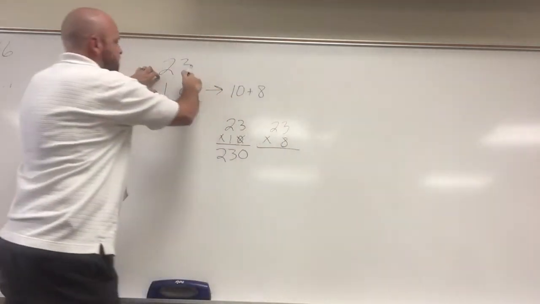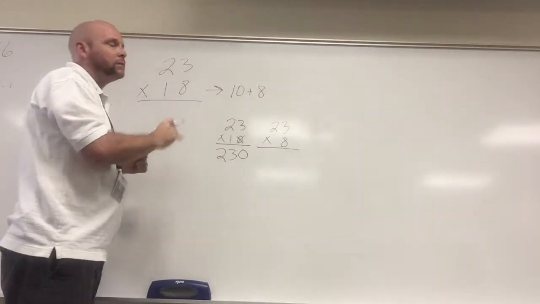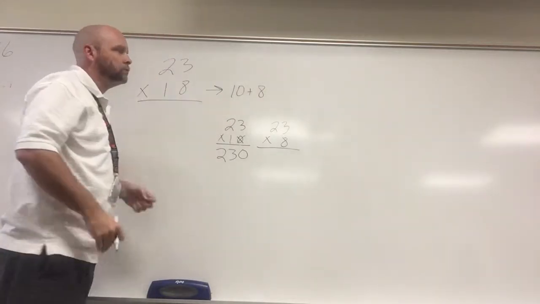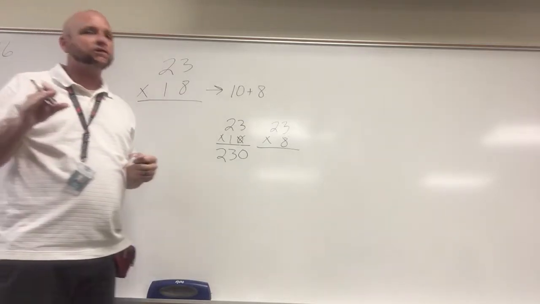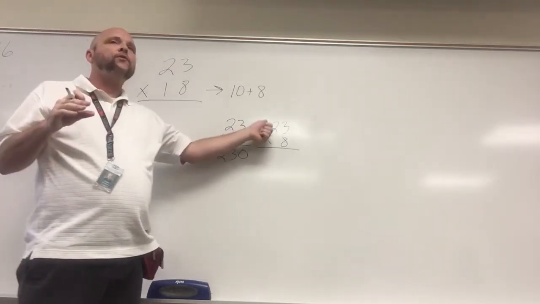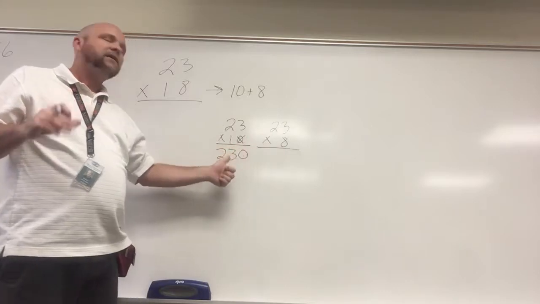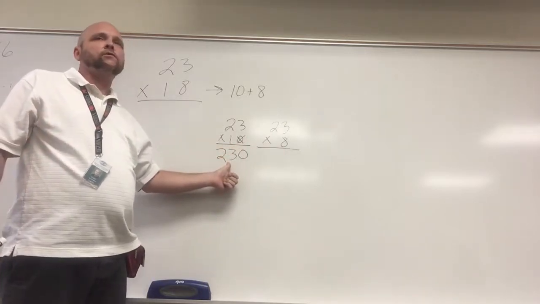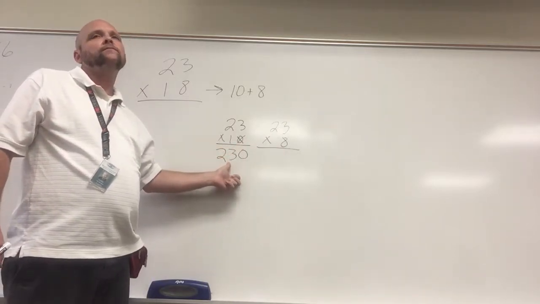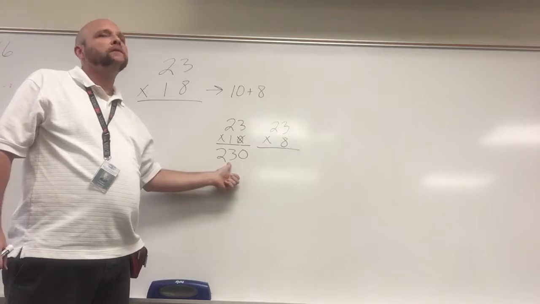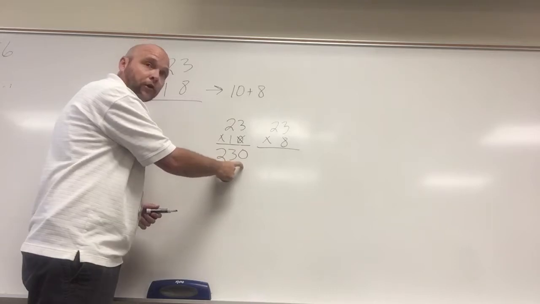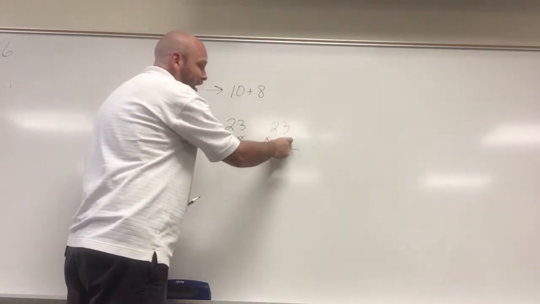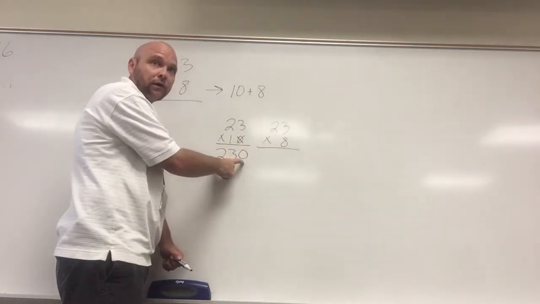See, I just take this number, put it in expanded form, multiply that twice through, and that's how it works. Now let me ask you a different question here. Is 23 times 8 going to be more than or less than 230? Less than, because 23 times 10 was 230. So 23 times 8 is going to be smaller than 230.